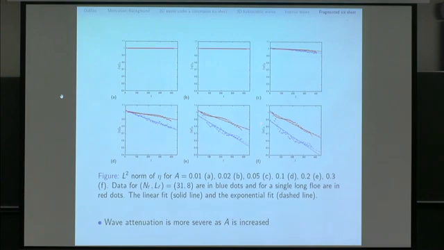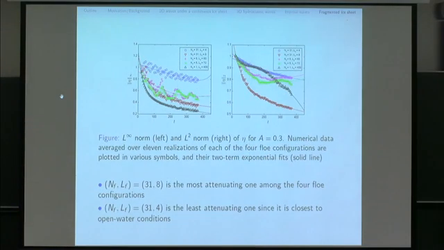And again, this is, as you may expect, closer to this linear fit and the exponential fit. And again, if A is bigger, you have a stronger attenuation. So our model reproduces what we expect to see from the ocean.